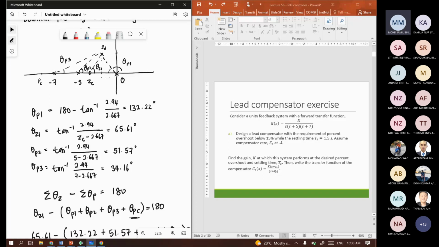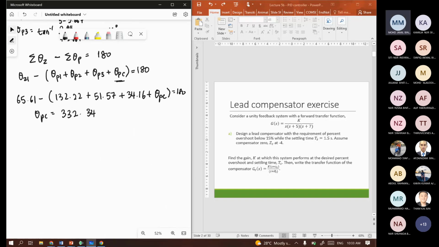It is measured such that it is somewhere here. So you can take the mirror image of this angle. It's also the same as this angle here, or simply 360 minus this value.